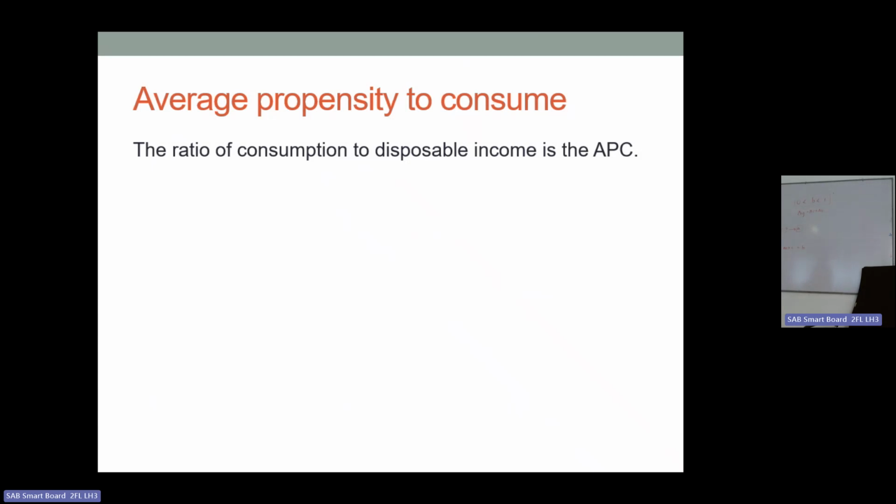That is the ratio between consumption and income, the average per unit consumption expenditure. So that is the total consumption divided by the income, the ratio between consumption and income.